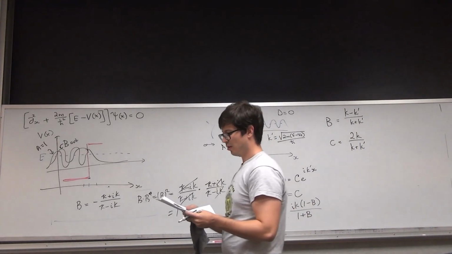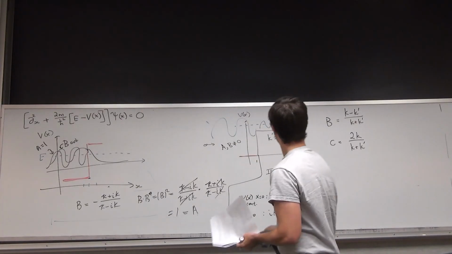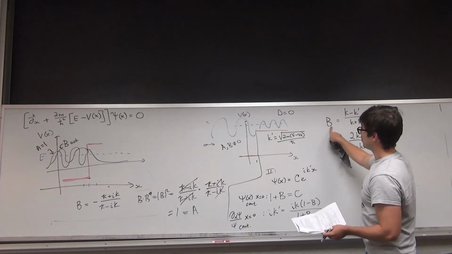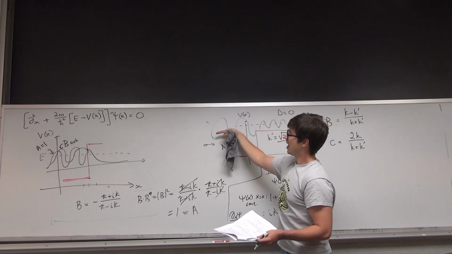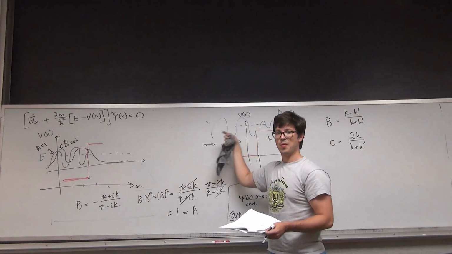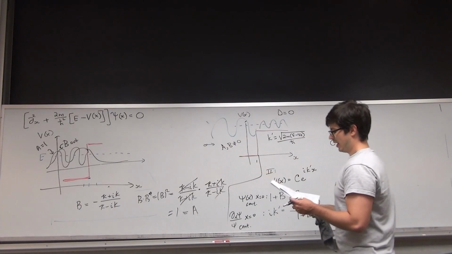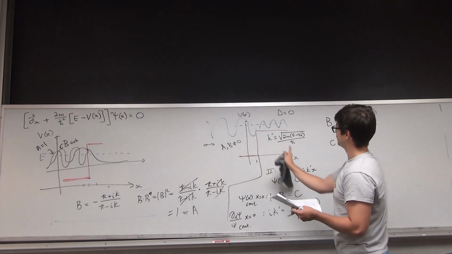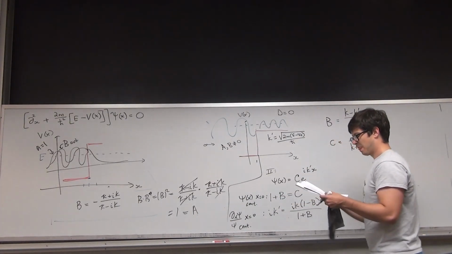Right? And so what can we learn about this? The b, remember, is associated with the oscillations going in this direction, so momentum moving this way. And c is associated with stuff that gets transmitted.